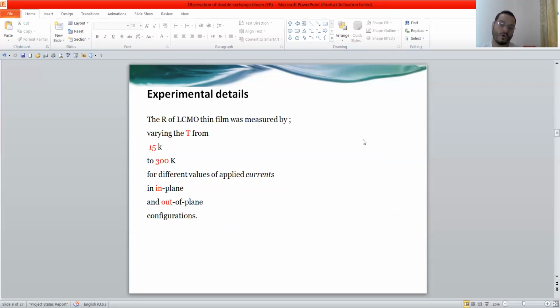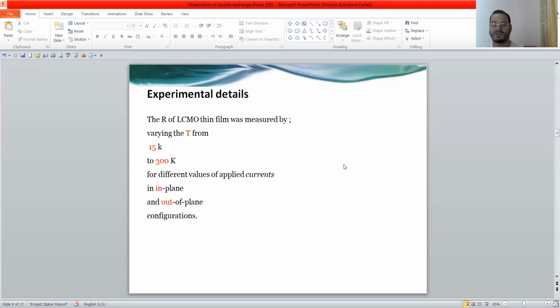The resistance of the simple LCMO, or we can say for short, the sample we work on. The thin film was measured by varying the temperature from 15 until 300 Kelvin.